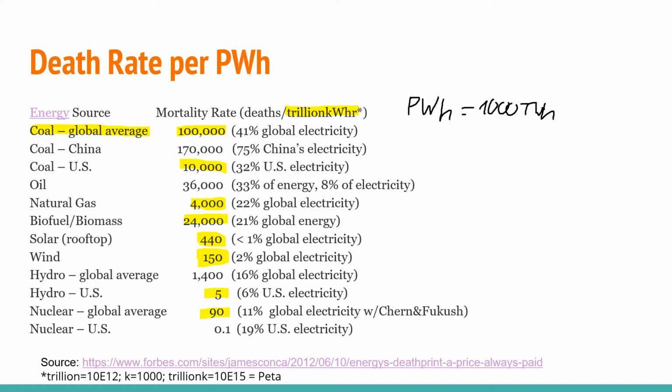Nuclear power has 90 on a global average. That is including the Chernobyl disaster and the Fukushima disaster. And so this number is lower than most of the other numbers. And if you have nuclear in a good territory like the United States or in Germany, you have no death toll, no death rate.